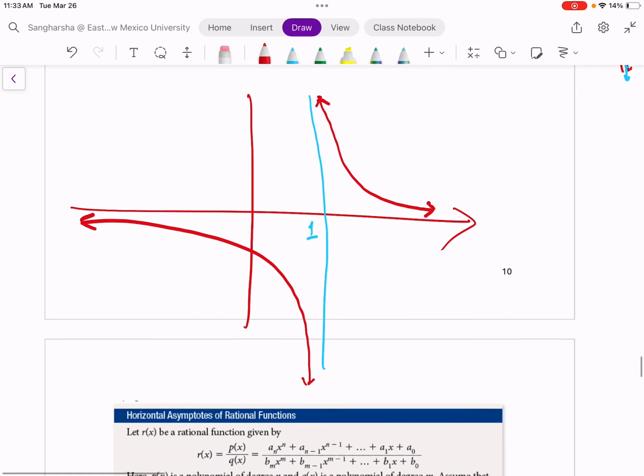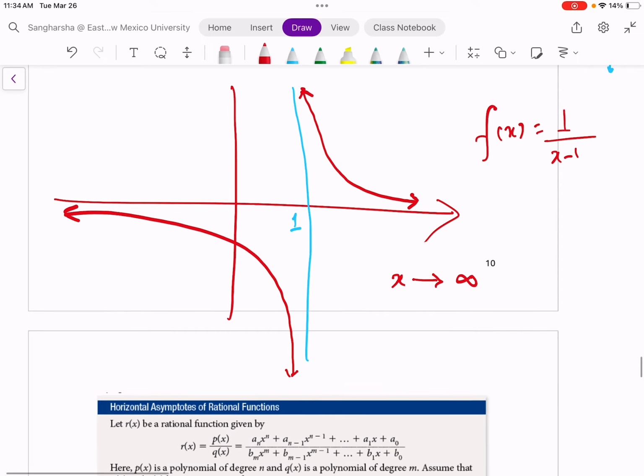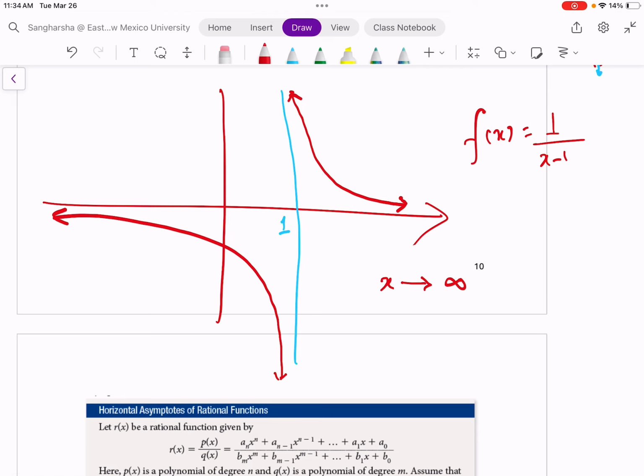So this is the function that we had in the very beginning. Now, as we take x to be a very big number, it means as x approaches positive infinity, our f of x is 1 over x minus 1. Let's take x equals 1000. So we have 1 divided by 999, right?